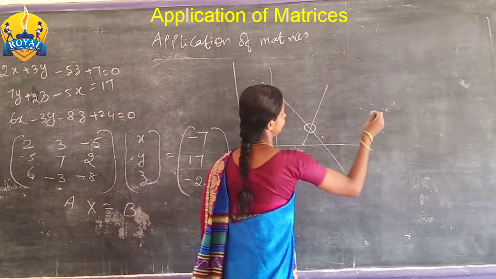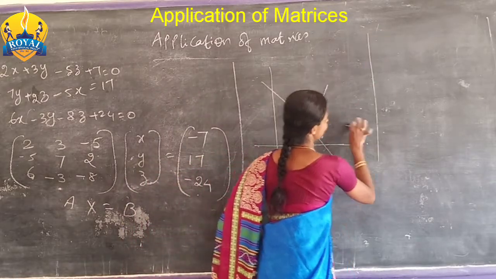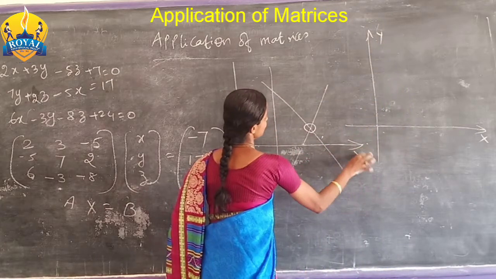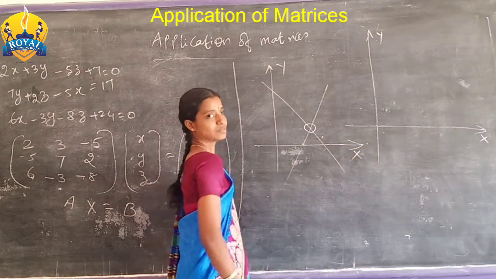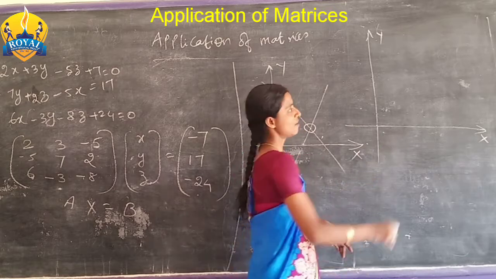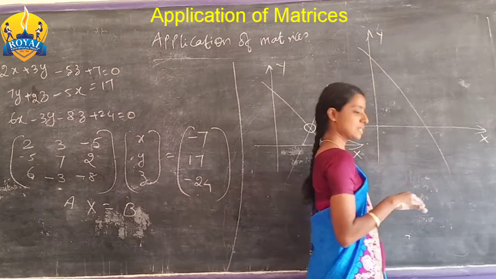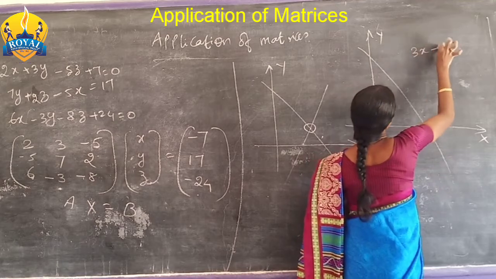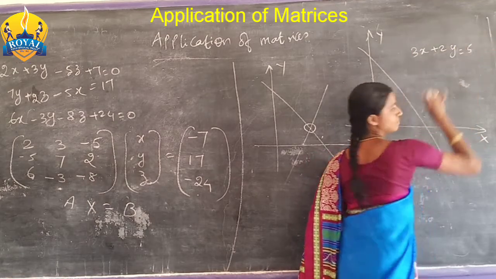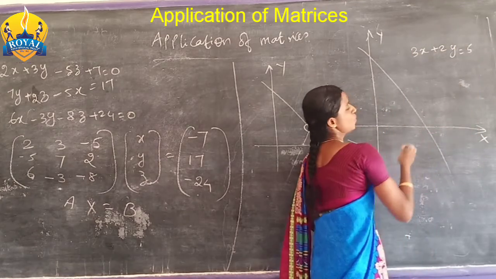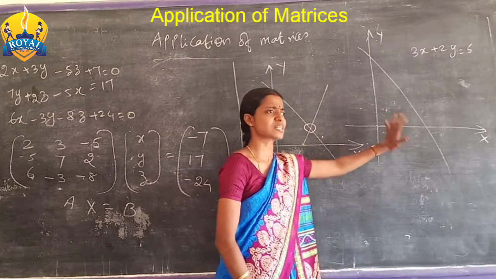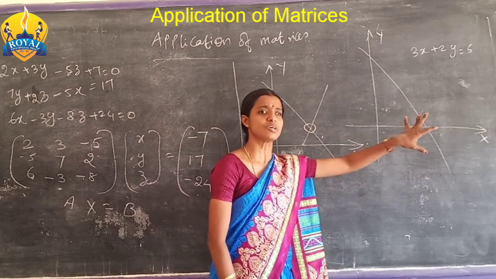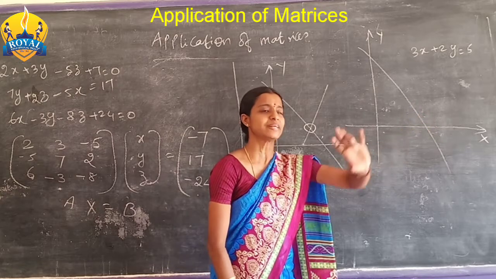Now suppose I have a graph like this. So here also x, y, here also you have x and y. Now suppose I have a line, for example, let me write the equation as 3x plus 2y equal to 5. This is my first equation. If I go with an example of an equation, you will be able to understand in a much better manner.